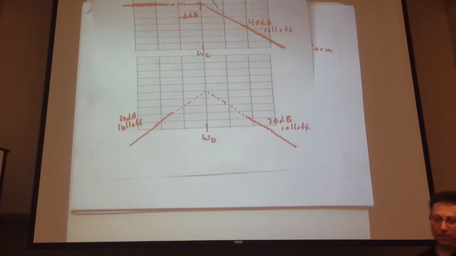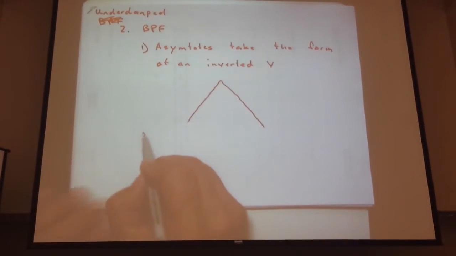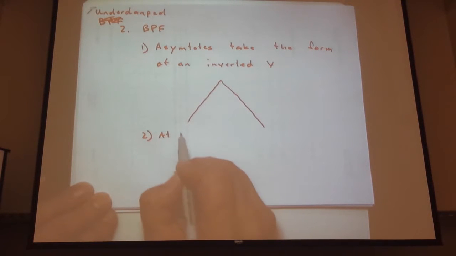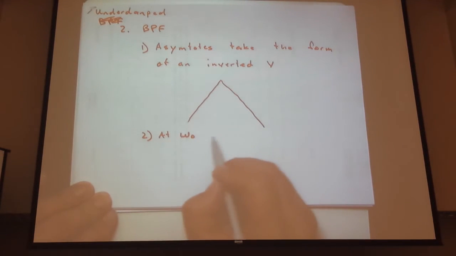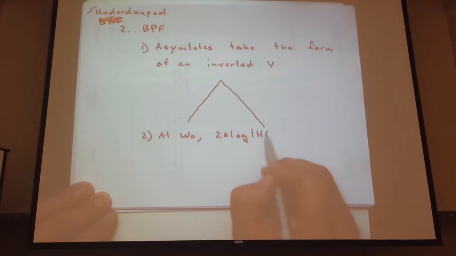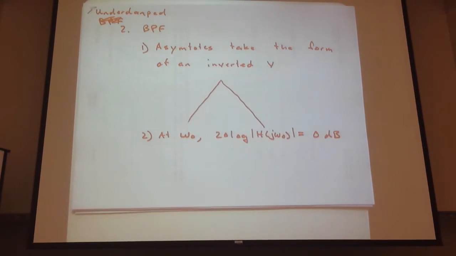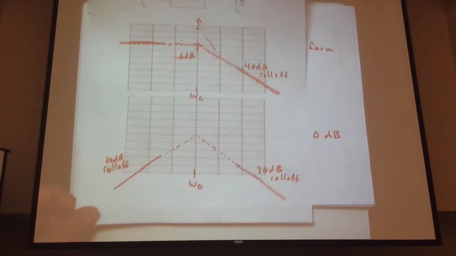Where things get a little bit more complicated is the other thing to note. At omega naught, 20 log |H(j omega naught)| equals 0 dB. Always. So I didn't draw any scale here on this. I didn't give any units.